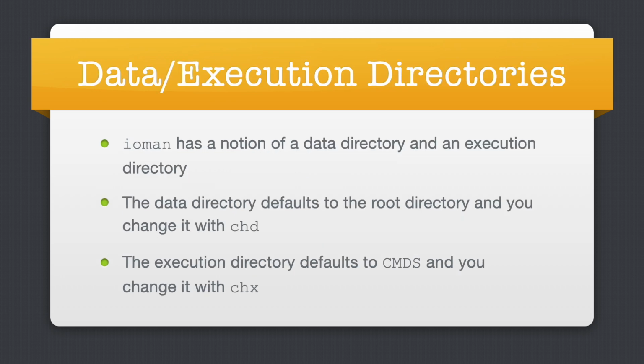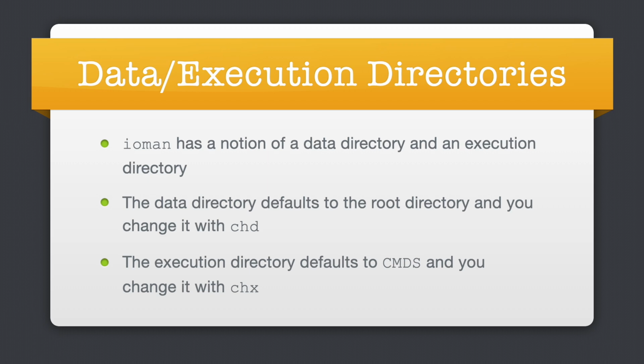A unique feature of OS9 is the separate concept of the data and execution directory. While processes under Unix track a single current directory, IOMan enforces the tracking of 2 directories per process, the data directory and the execution directory. The data directory is analogous to the current directory on Unix and defaults to the root device at boot time.